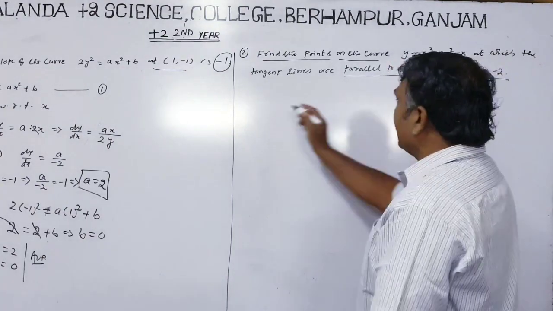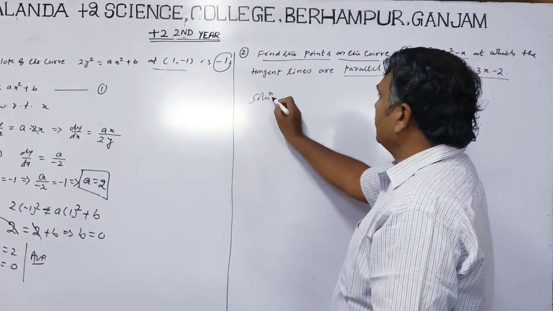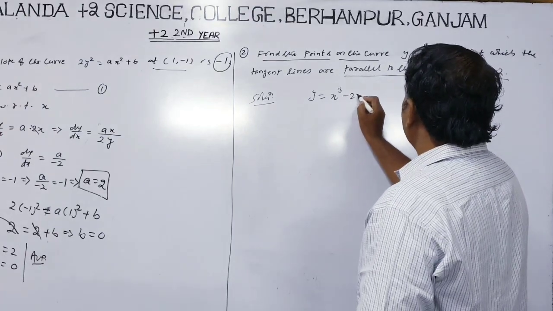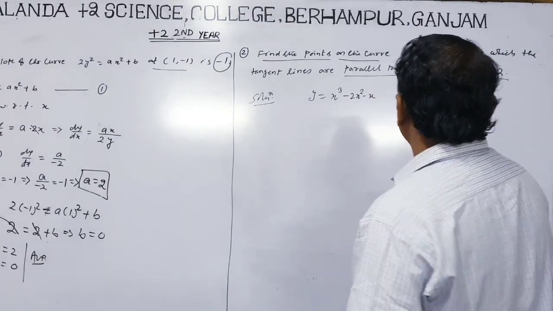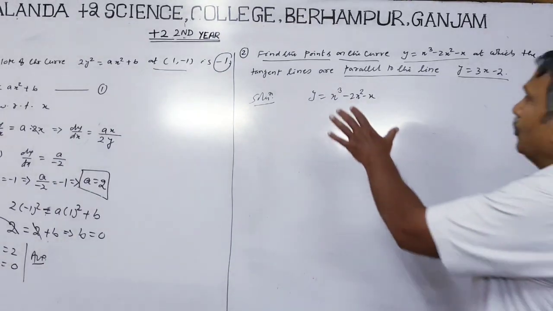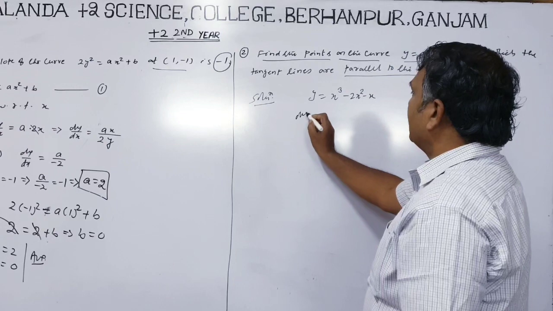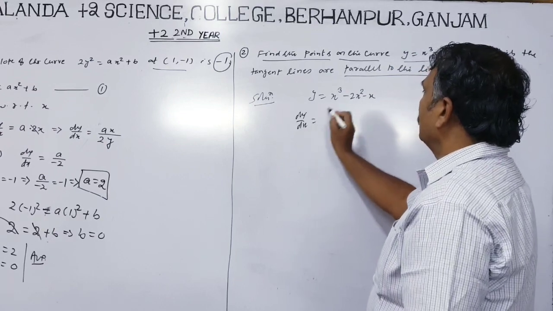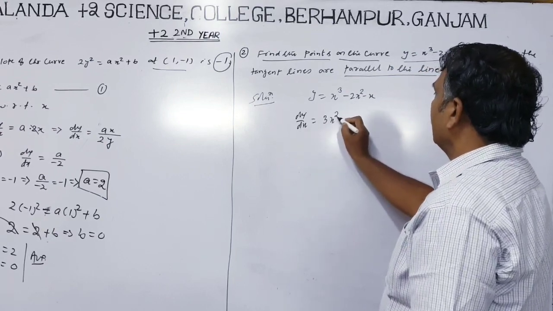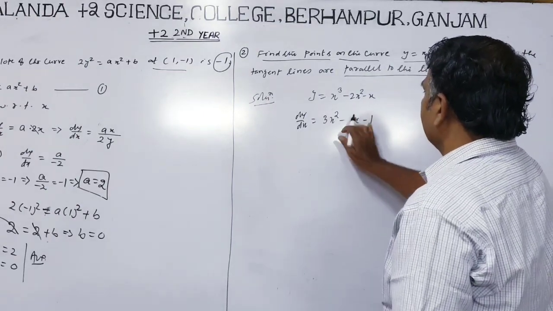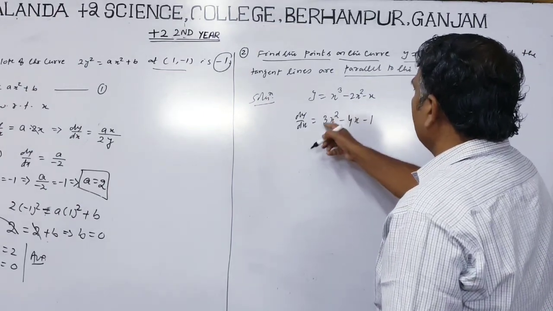So here, given y equals x cube minus 2x square minus x. What is the slope of the tangent? Find out the slope. Now dy by dx equals 3x square minus 4x minus 1.